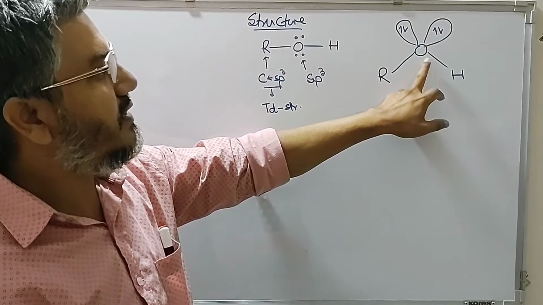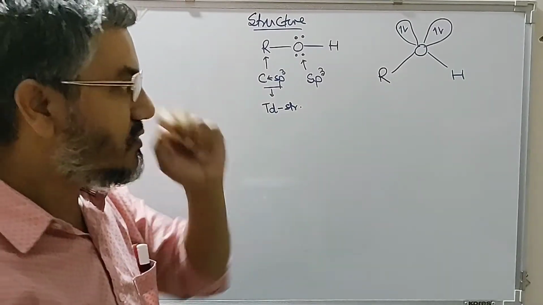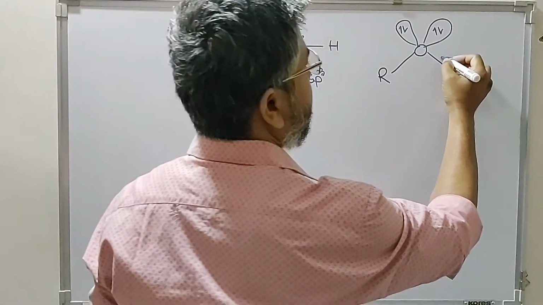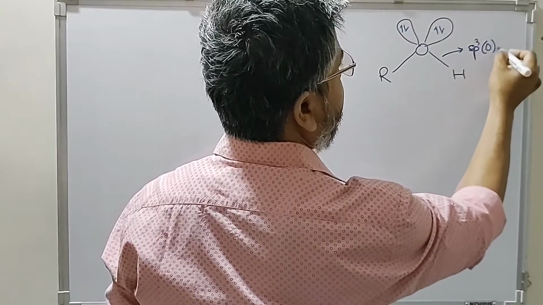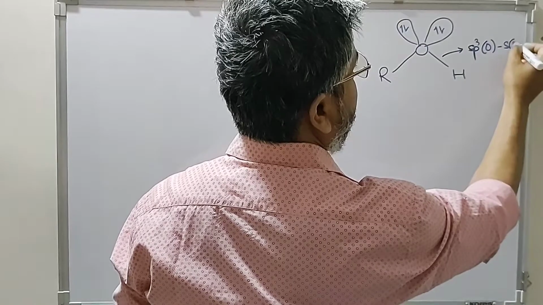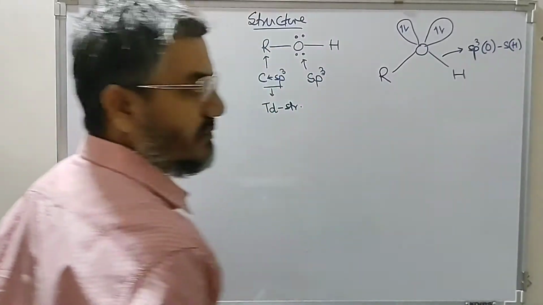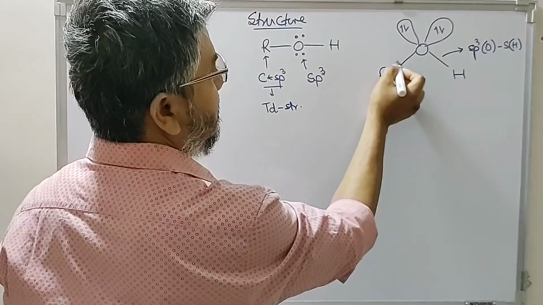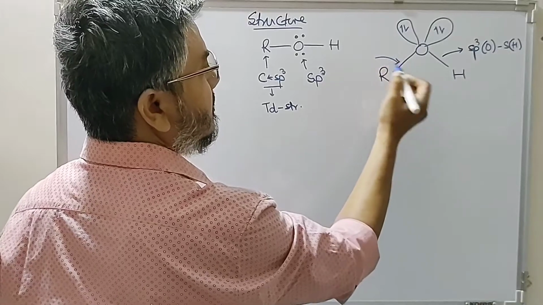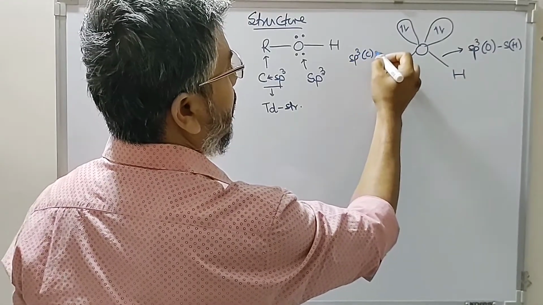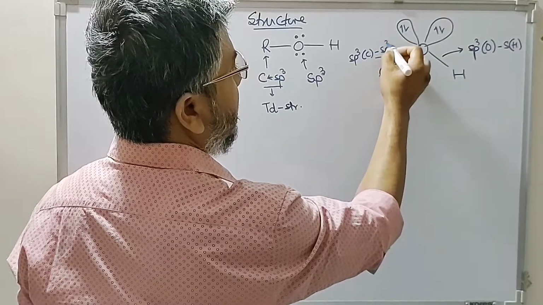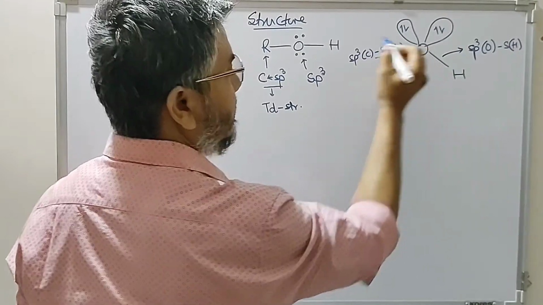This bond is formed by sp3 of oxygen and s of hydrogen. So look at this. This is by sp3 of oxygen and s orbital of hydrogen overlap, giving you sigma bond. This carbon oxygen bond is all formed by sp3 of carbon overlapping with sp3 of oxygen.